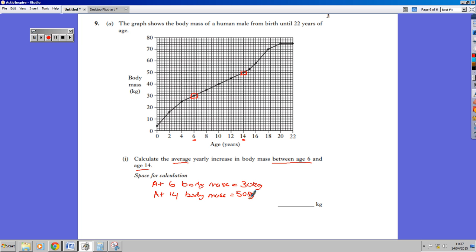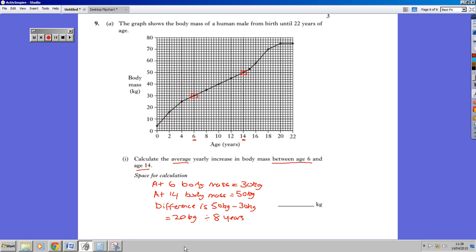So the increase is going to be the difference between the two. So the difference is 50 kilos minus 30 kilos equals 20 kilos. But that's over this 8-year period. And the difference between 6 and 14 is 8. So we're dividing it by 8 years.